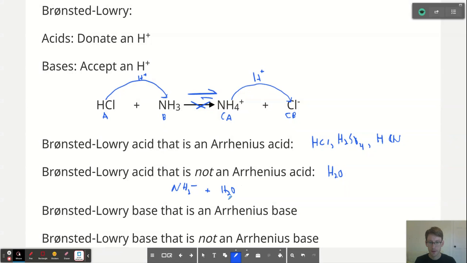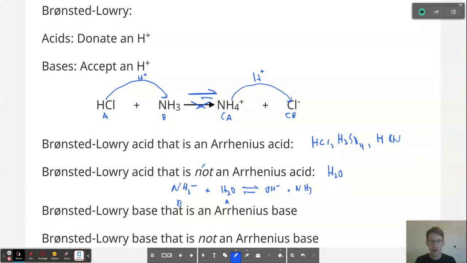What's going to happen here is that our water will act as an acid, and the NH2- is an ultra strong base. We'll talk a little bit more about the strengths of acids and bases at a later time. But if I were to show you this, you would have to label the water as the acid because we get hydroxide and NH3.